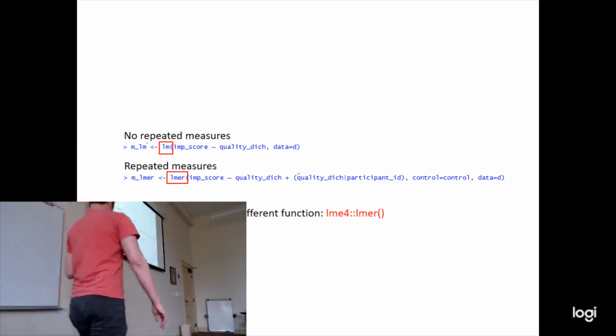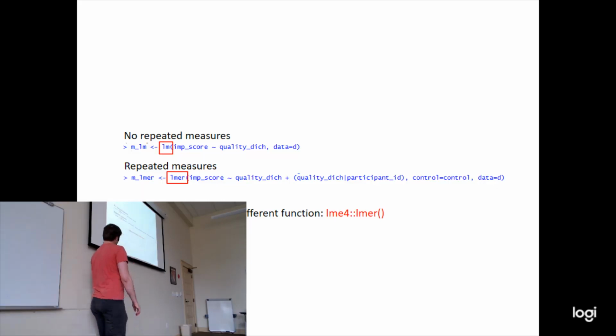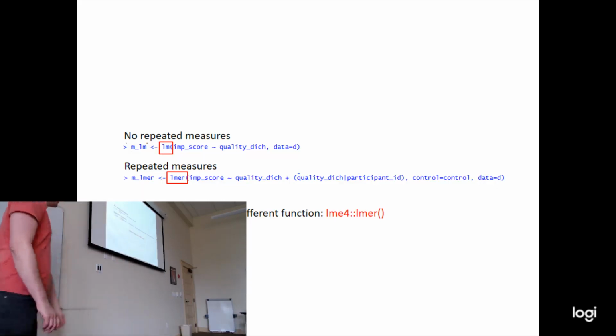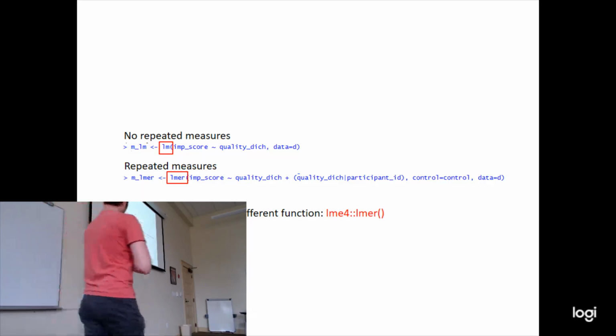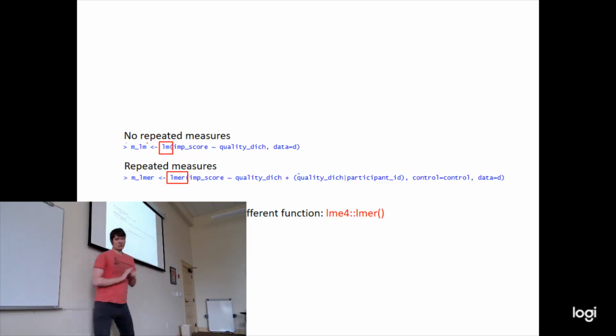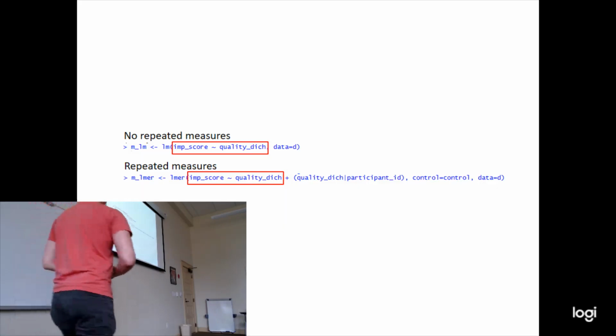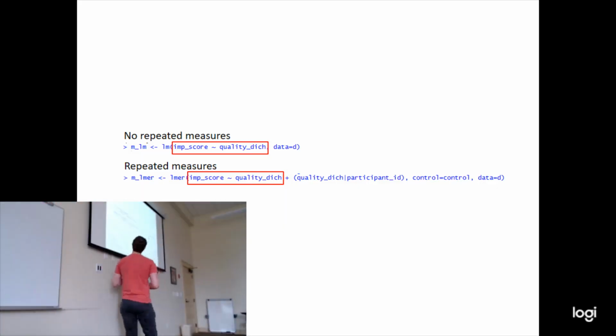This new function comes from a new package called lme4. It shares a lot of the same syntax as the lm function. So you can see we still have a formula after the function call.